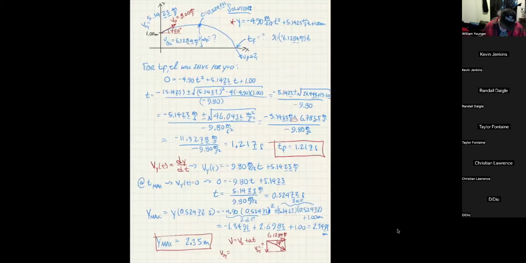The V0y is going to be 5.1423. I think that's what I had. Yeah, 23 meters per second.